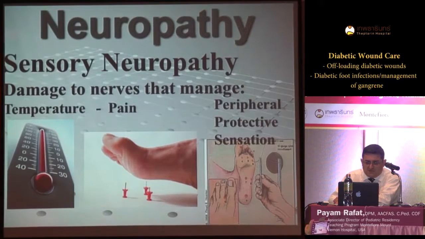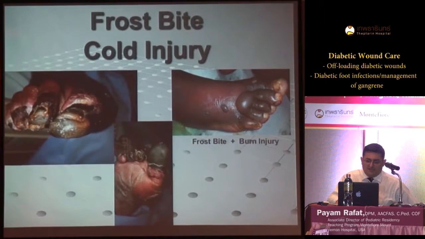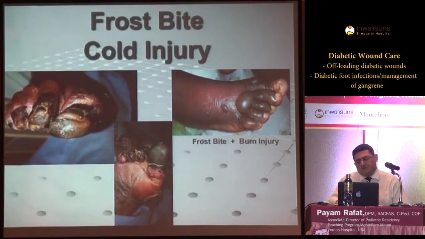There's also increased risk for sensory neuropathy, leading to decreased ability to tell temperature perception and pain perception. They're at increased risk for getting cold injuries.